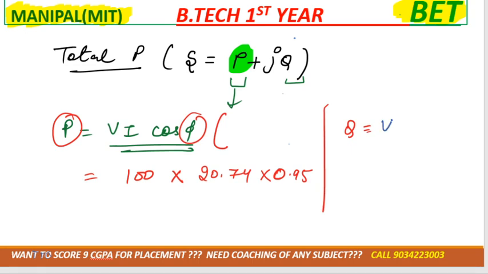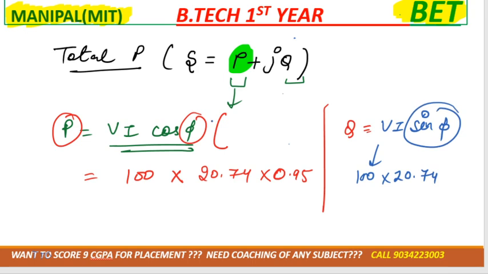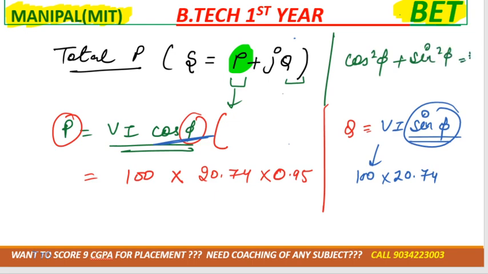Similarly, you can get the reactive power. Reactive power is VI sin phi. Voltage is same, current is same. Now if you have cos phi, can you get sin phi as well? You have two options. One is the formula cos square phi plus sin square phi equals 1, or we have the cos phi value, so we can get the phi value by using cos inverse on the calculator, and then we'll get sin phi.